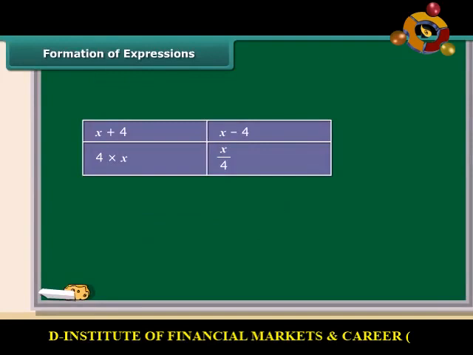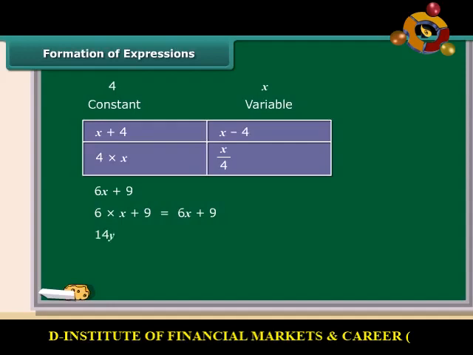Algebraic expressions are formed by combining variables and constants with the help of addition, subtraction, multiplication, and division. Let us see how the algebraic expression 6x plus 9 is formed. It's really simple. First multiply variable x with constant 6, then add a constant 9 to the product.